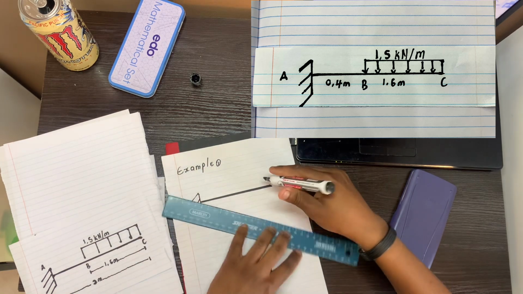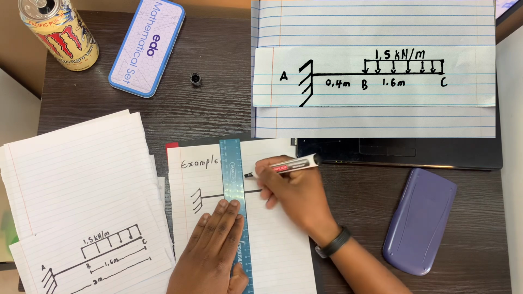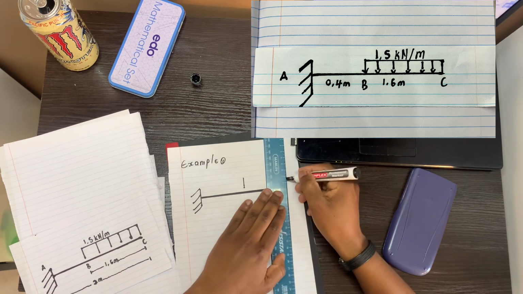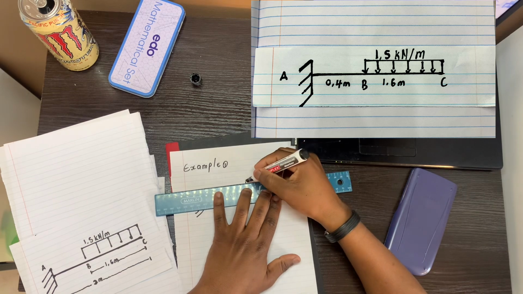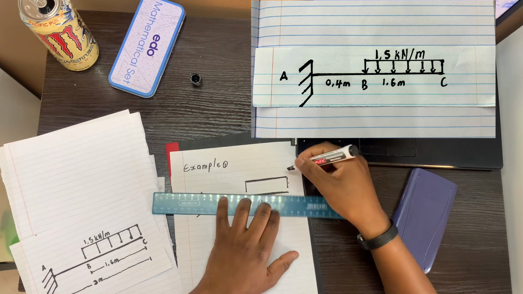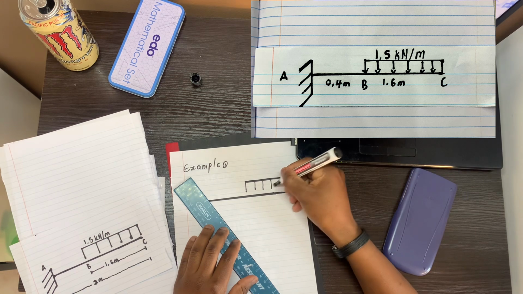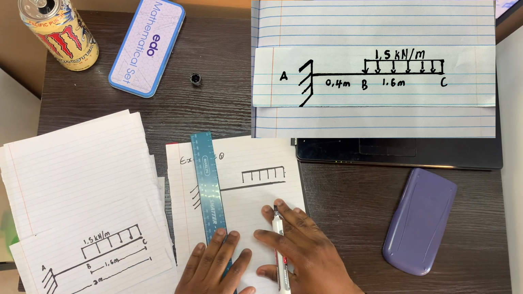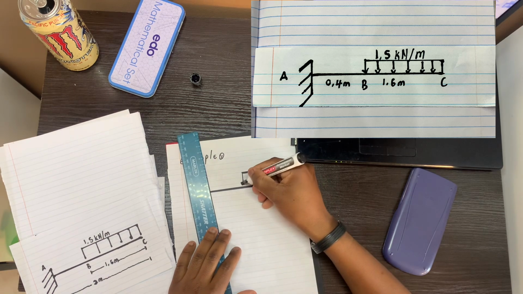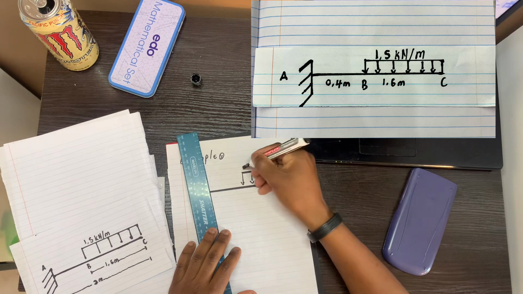And then there's a UDL, a uniformly distributed load, and it's going downwards. And that's it, nothing else.